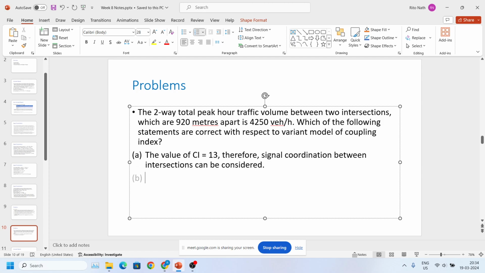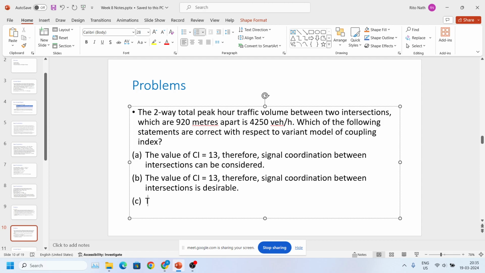B, the value of CI equals 13, therefore signal coordination between intersections is desirable.